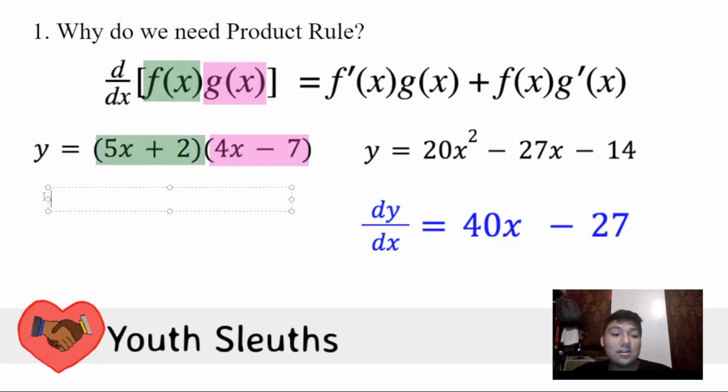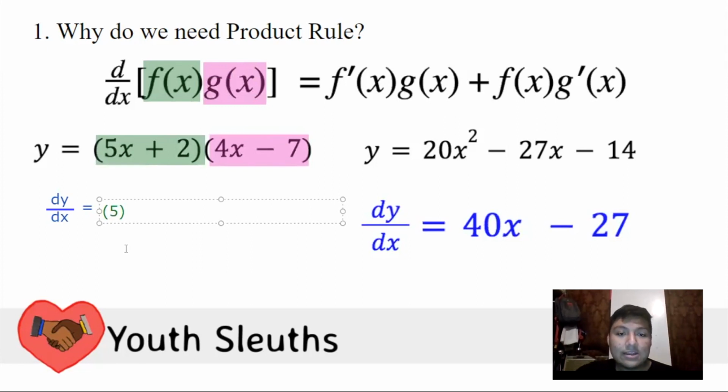So we start by having dy/dx, and that equals to, now 5x plus 2, we have to derive that. So we get 5. And then we multiply 4x minus 7, because if we look at the rule, g of x stays the same.